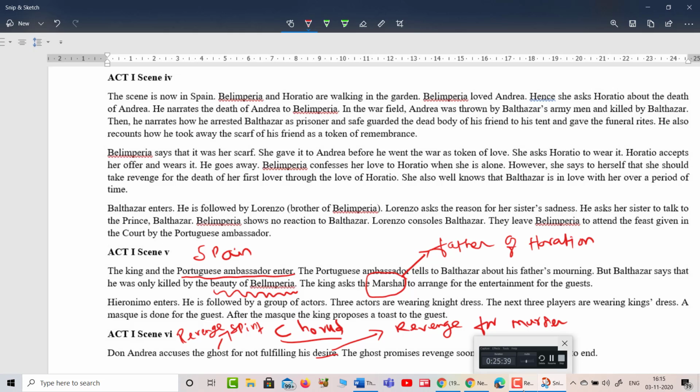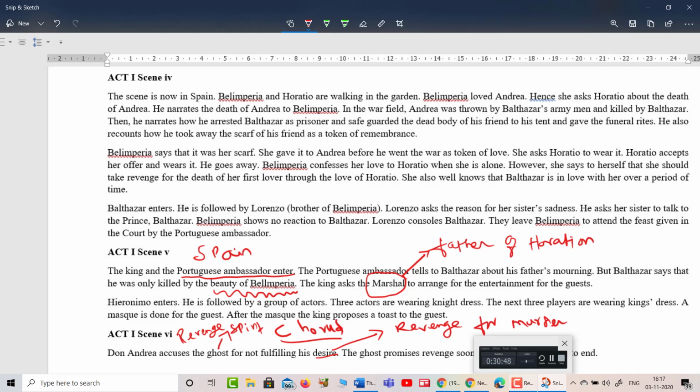So the next scene opens with the arrival of the Portugal ambassador. The Portugal ambassador arrives and a peace treaty is made between the two countries, Spain and Portugal. Now, with the peace treaty arrived, an entertainment, a masque drama, is arranged to entertain the ambassador of Portugal.